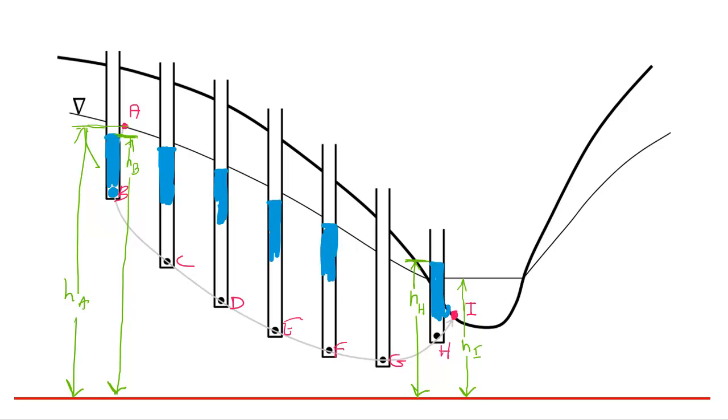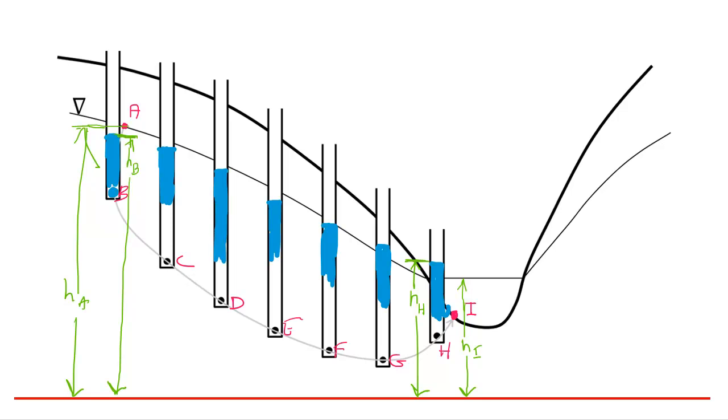That may or may not be true, and in fact, in many cases, it's not true. It's not true, for example, at H, it's not true at G, it's not true at C, and it's not true at D. And if I see you on an exam simply fill all of these heads in equal to the heads at the water table, I'm going to mark it wrong, because I'm going to think that's what you think is how you should draw the heads.